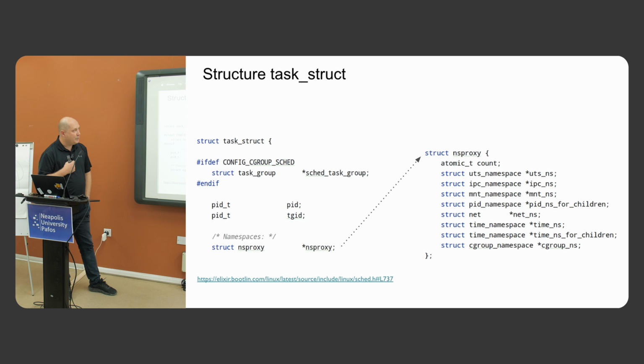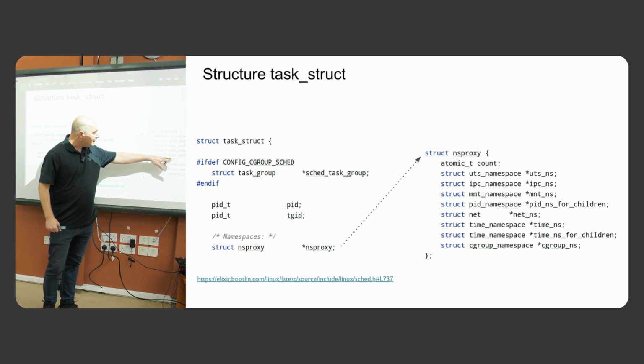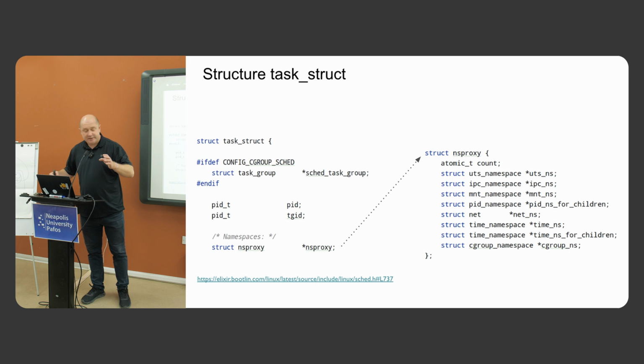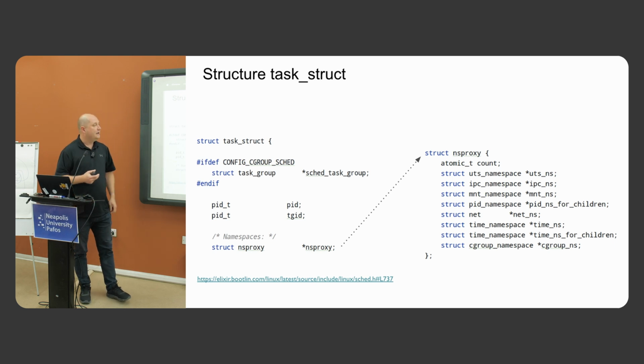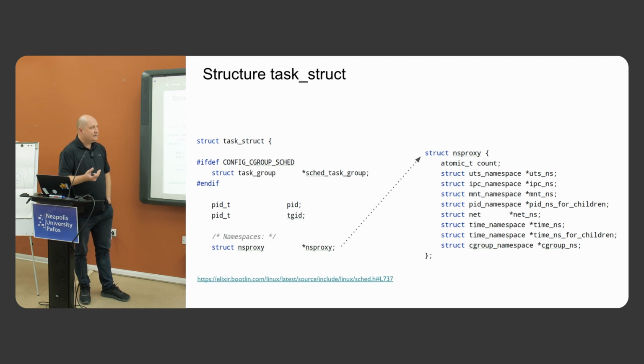NS proxy is a pointer to the NS proxy structure, which contains information or pointers to the namespaces. This is the PID namespace, which, if you don't run any container, is usually shared between all the processes you have, right? But if you start running containers, you will see that it's different. And so on.